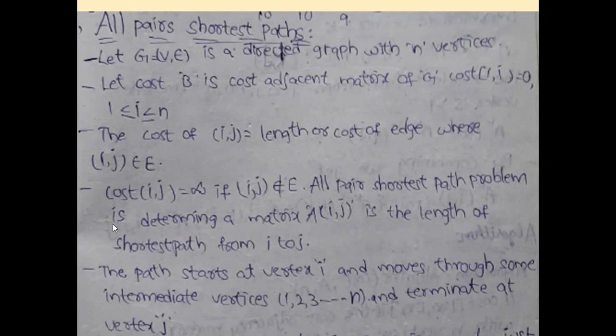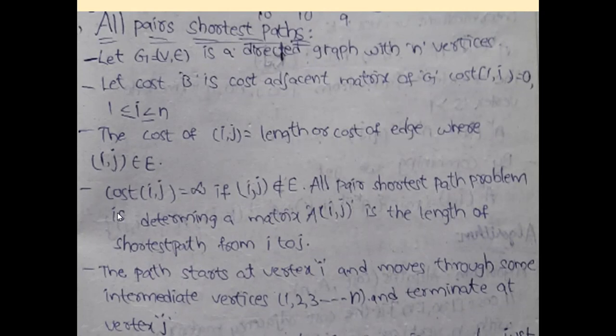If the edge is not present in the graph, the cost of i comma j equals infinity. Okay, when you are representing a graph as a matrix, there are three conditions. First, the cost of i comma i equal to 0. Next, the cost of i comma j equal to the length or the cost of the edge if the edge is present in the graph.